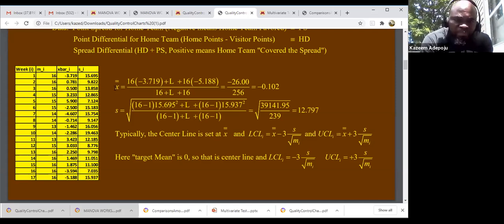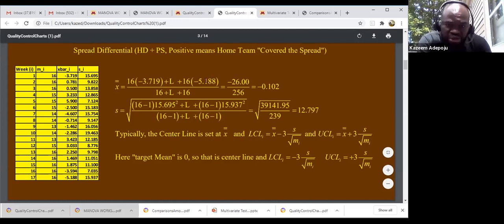If you want to compute the mean of the mean, you're going to do the 16 right here, multiply by this guy, plus 16 into minus 5.188, and you keep adding it up until you get the last one.